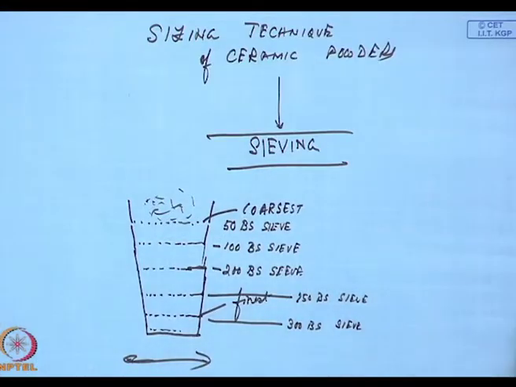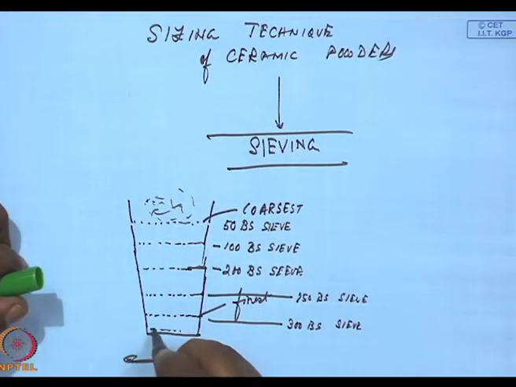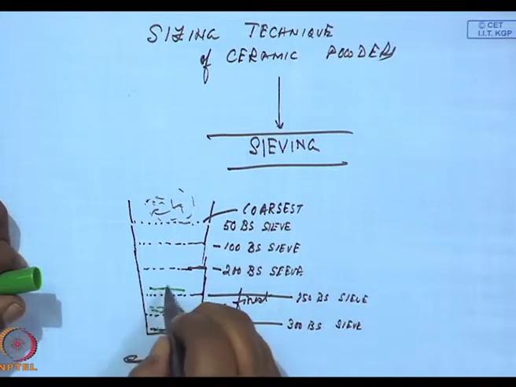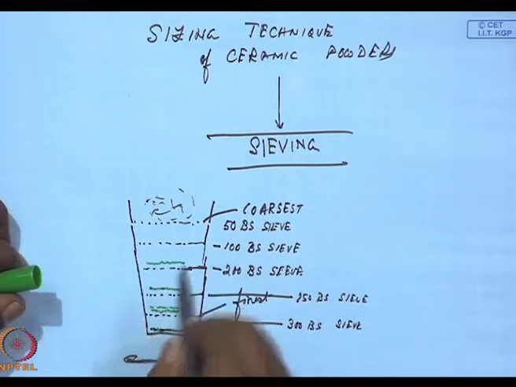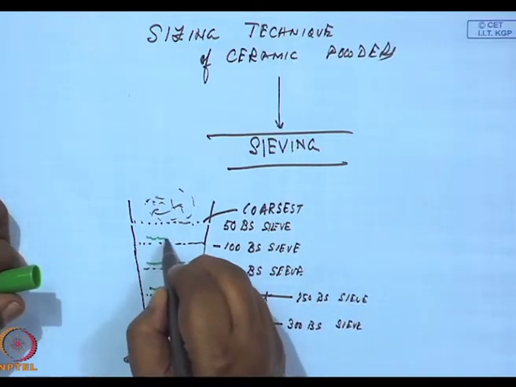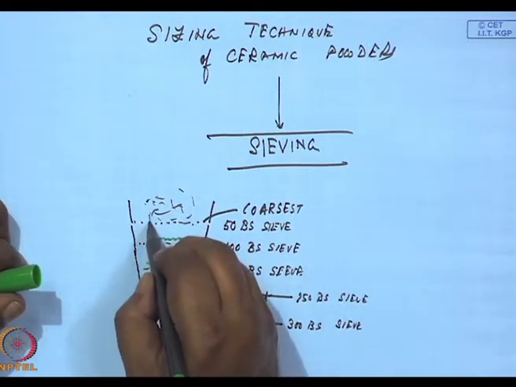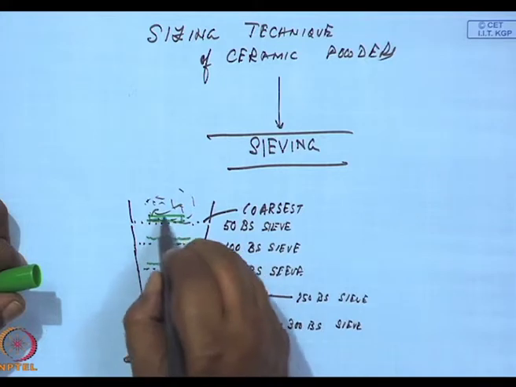Suppose we are shaking. So, there is some powder which is collected over here. There is some powder which is collected over here. Some powder which is collected over here. This is collected over here, and this is collected over here, while the rest of it has stayed back over here.